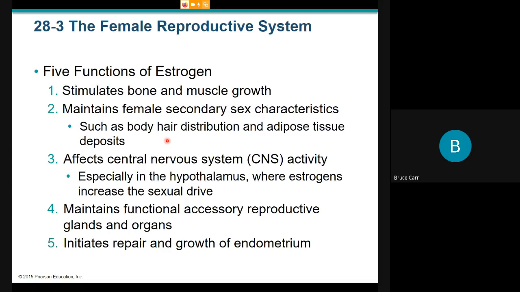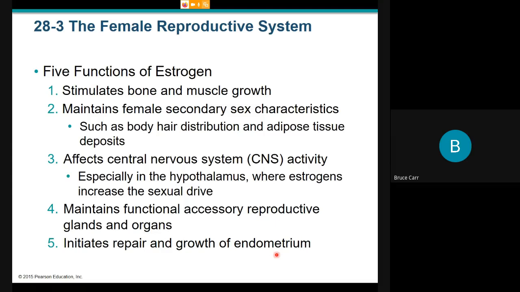It does affect body hair distribution. In the central nervous system it affects the hypothalamus, where sexual drive, as defined in the female, is begun. The functional accessory reproductive glands and organs are maintained by adequate levels of estrogen, and it also initiates the repair and growth of the endometrium.